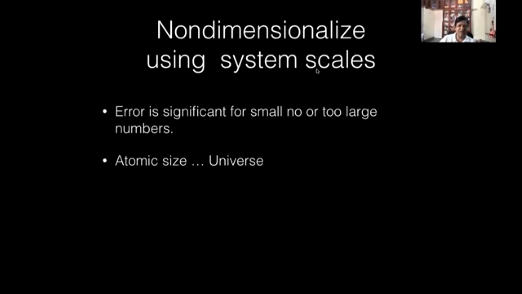So every system has some scales. Scale is like a ruler is a scale, no? So what I meant is for atomic systems, what is the length scale for this problem? The hydrogen atom can be chosen as a length scale. Size of a hydrogen atom, which is 0.53 angstrom.